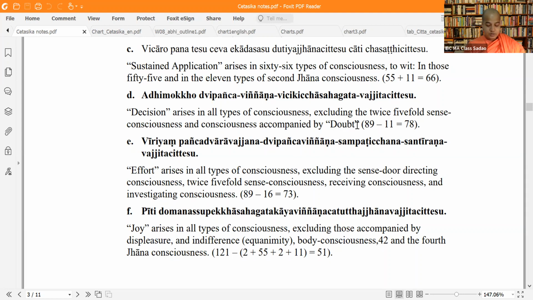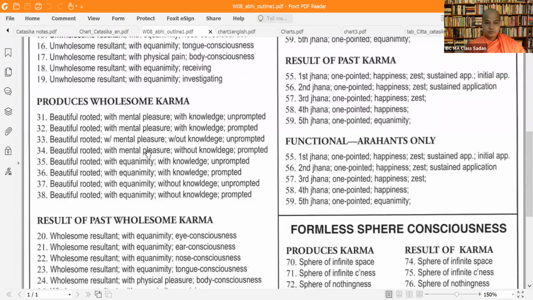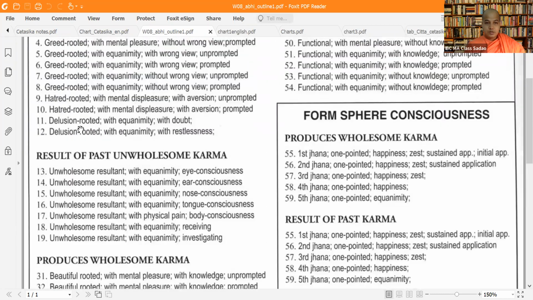This is Mohamula Chitta. So in the Mohamula Chitta, you have two Chittas, right? Delusion rooted with equanimity with doubt.